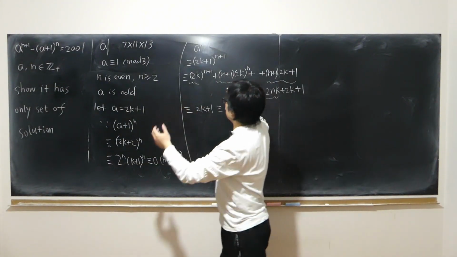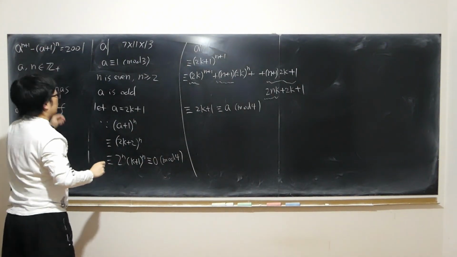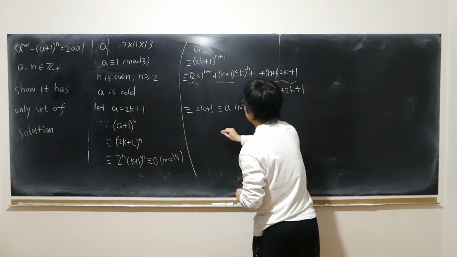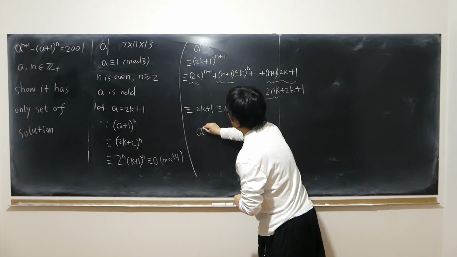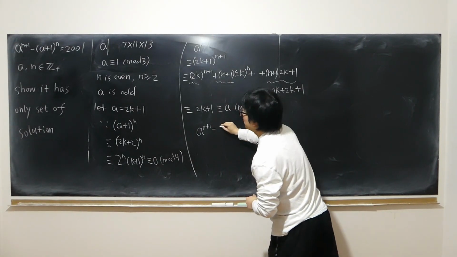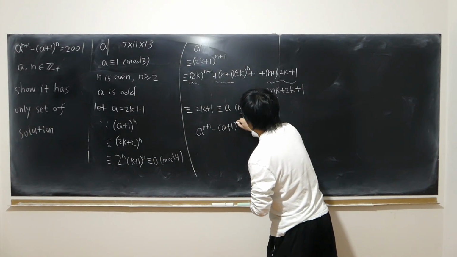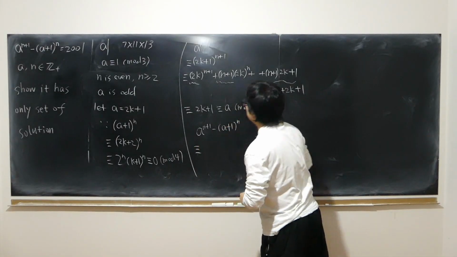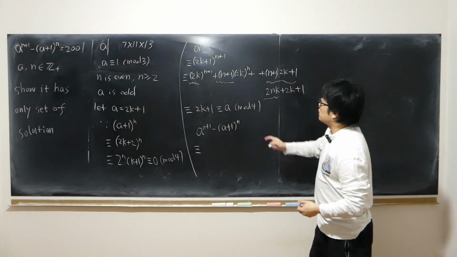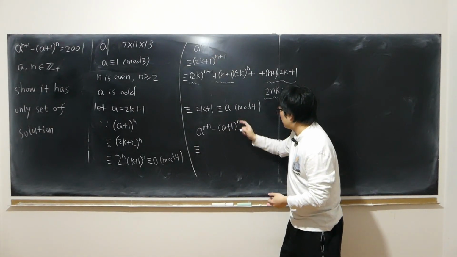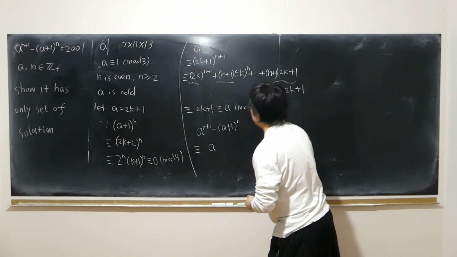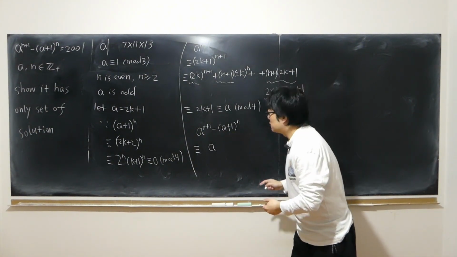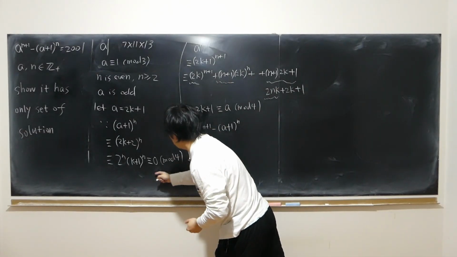And so I use this one, then minus this one. So a to the n plus 1 minus (a plus 1) to the power of n. Like I said, this is congruent to a, and that one is congruent to 0.